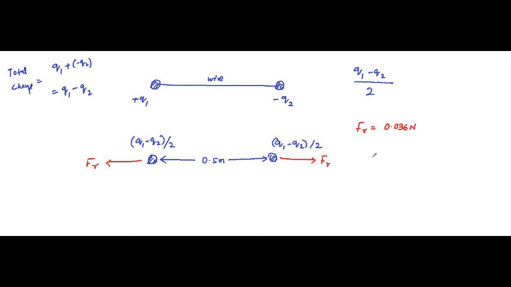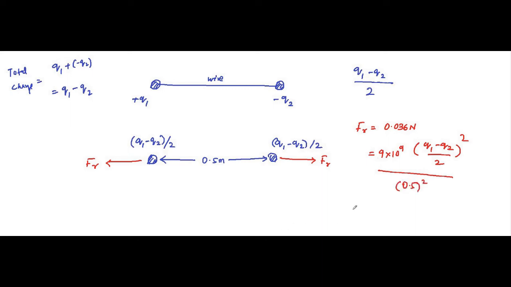Again, that is equal to 1 by 4 pi epsilon 0, which we directly substitute with 9 into 10 to the power 9, times ((Q1 minus Q2) by 2) whole square, because both the charges are the same, by R square, which is again 0.5 whole square. The separation distance is the same.